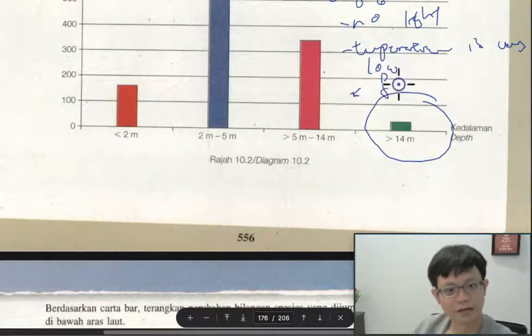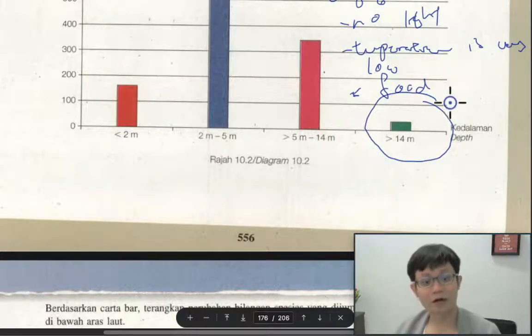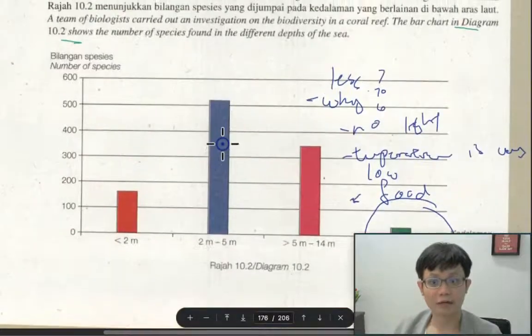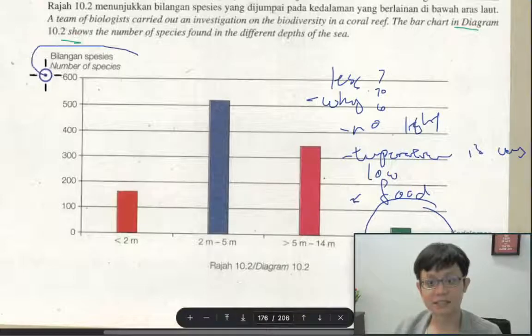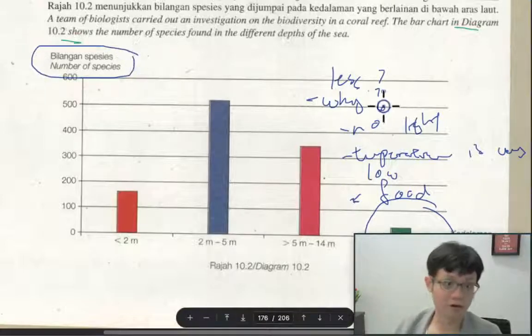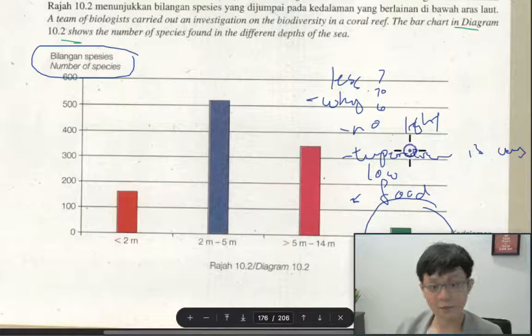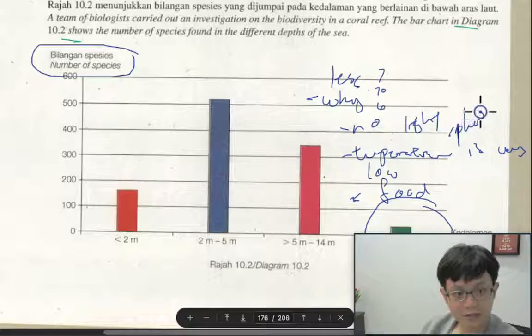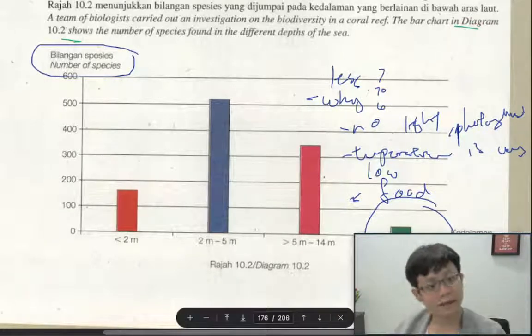Food is very important. Because the question asks why, explain why the number of species is low, because there is no light. If there is no light, there will be no photosynthesis. No photosynthesis. I just write in the keyword. There will be no photosynthesis, and there will be lesser food.